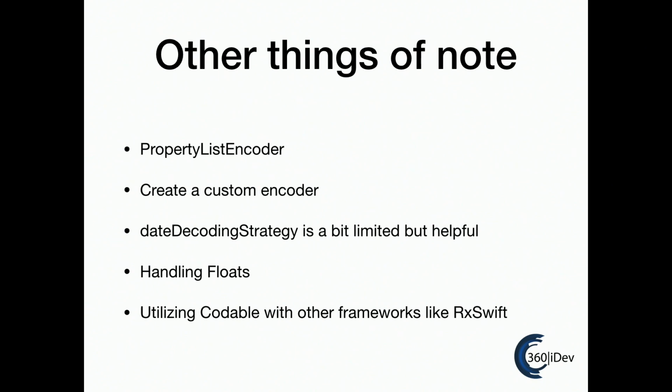The date decoding strategy, I'd like to see that hopefully get built on more down the road, maybe Swift 5. Right now, I mentioned ISO 8601, but there's also milliseconds since 1970, and that's it, though. So it's kind of limited right now.